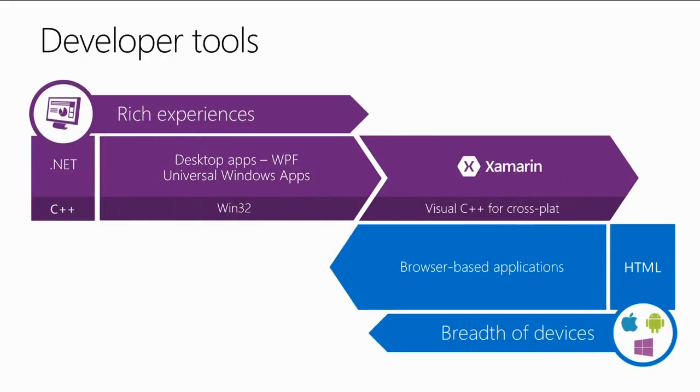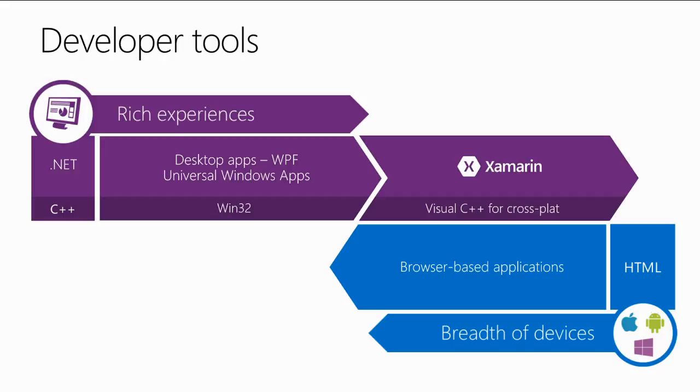So in Visual Studio 2015, we wanted to ensure that regardless of where you were coming from in terms of technology and skill set, and regardless of the needs you had for the types of applications you were building, we could let you build on those skills to meet the growing needs and demands of your solution or your customer base.